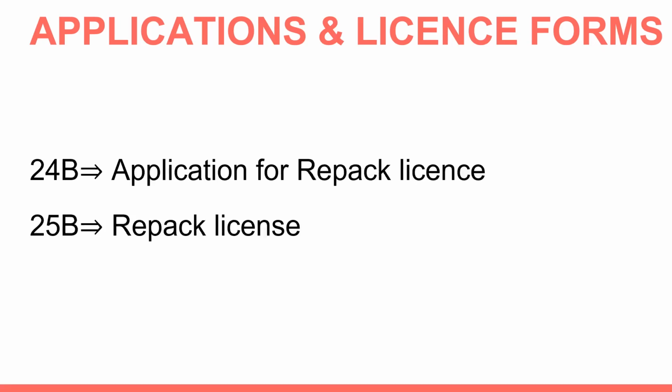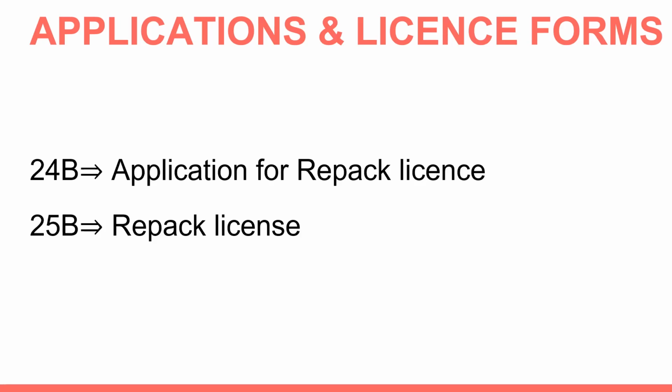Let's see another example with the same pattern. Form number 24B is the application to get a repack license, and form number 25B is the repack license issuing form. As I said earlier, the letter B is related to repack license.